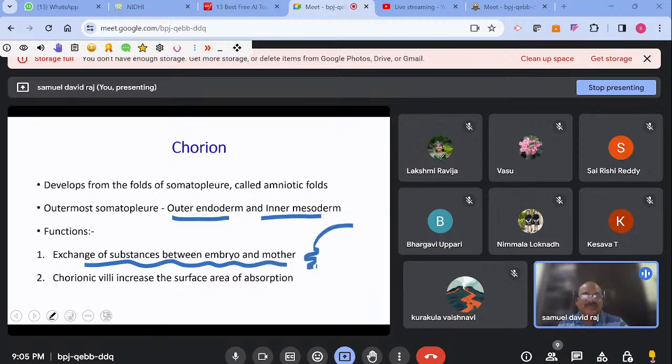The chorion forms chorionic villi, okay, and the mother's uterus wall forms crypts. So, the chorionic villi go into the crypts of the mother, forming an intimate connection, and this intimate connection is called as placenta. Okay, and these chorionic villi increase the area of absorption of food material from the mother.